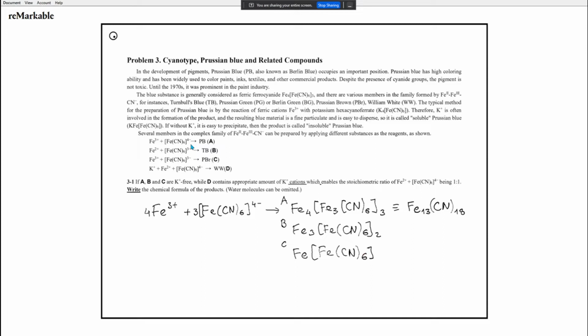And the last one is similar to the previous one, but we just change some oxidation state for iron and we get 2 potassium inside the structure. So that is K2, Fe, Fe, CN6. As simple as that.